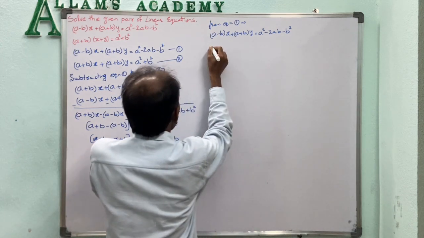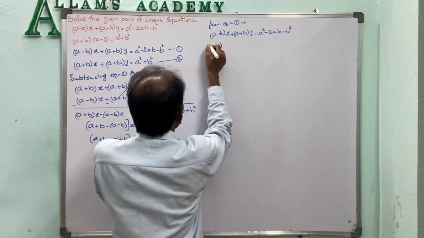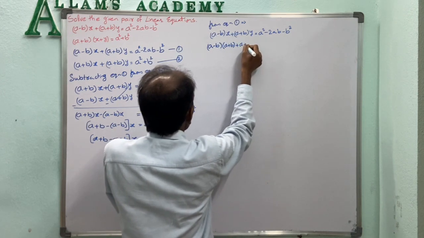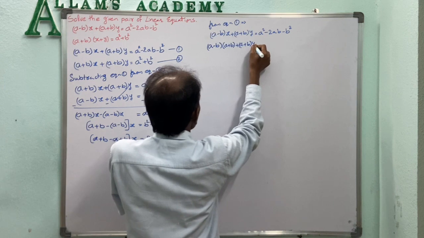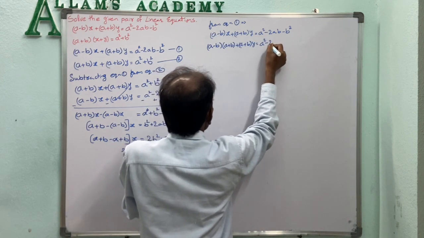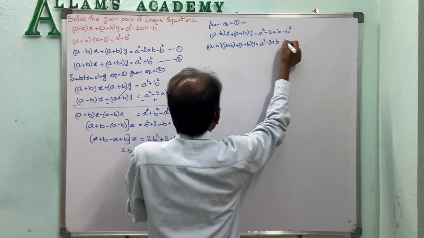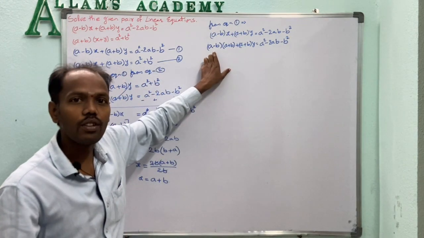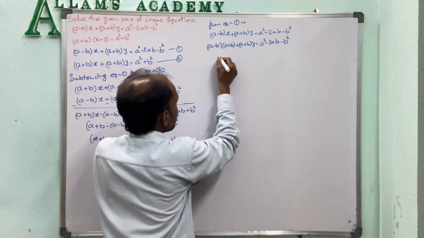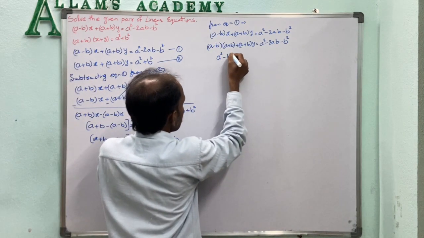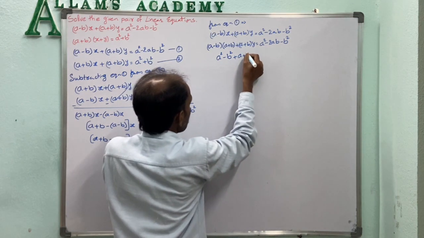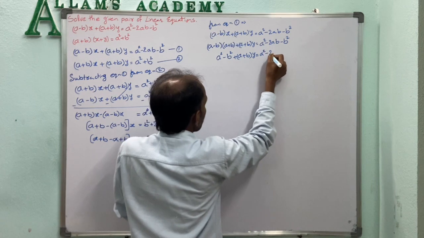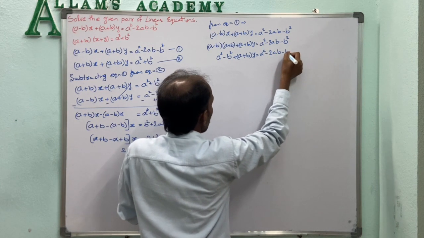So (a − b)(a + b) + (a + b)y = a² − 2ab − b². Now (a + b)(a − b) equals a² − b². So a² − b² + (a + b)y = a² − 2ab − b².